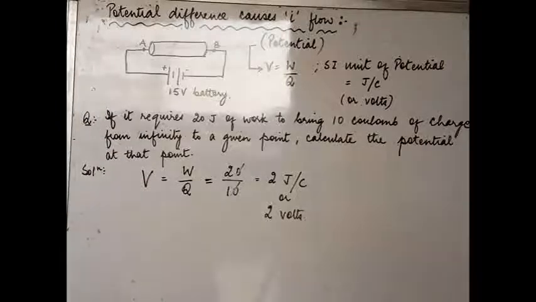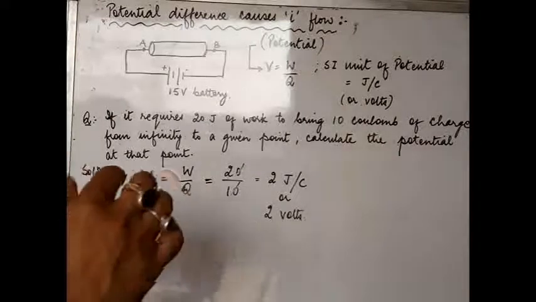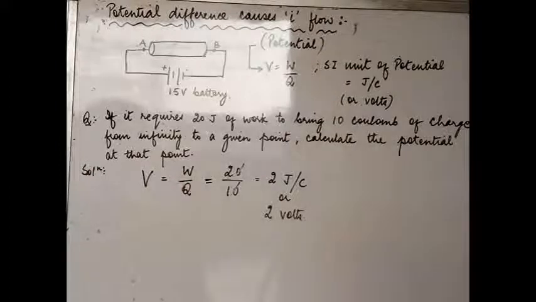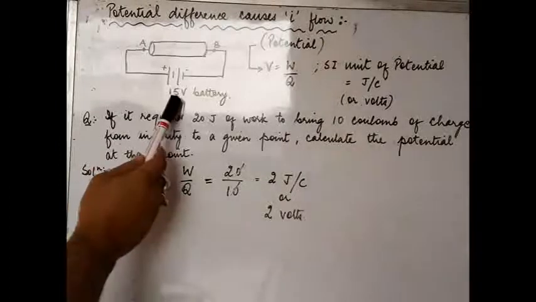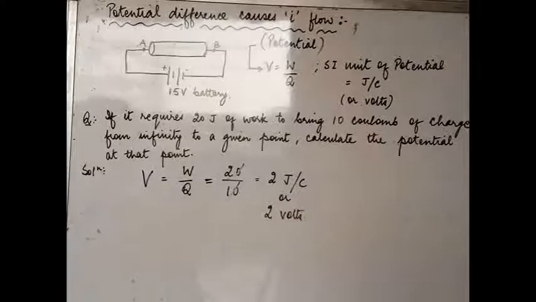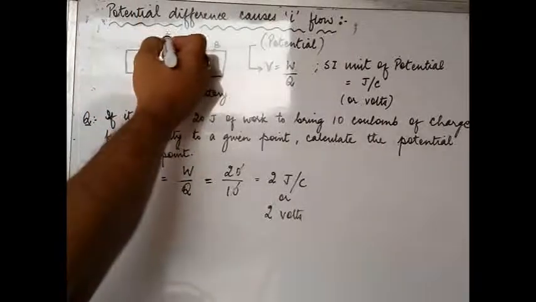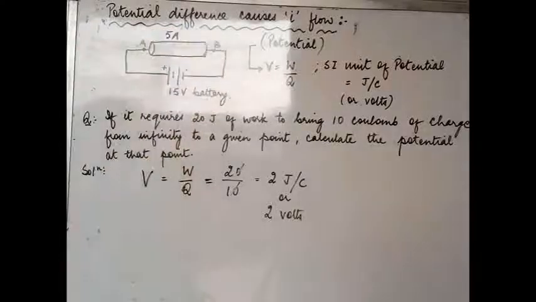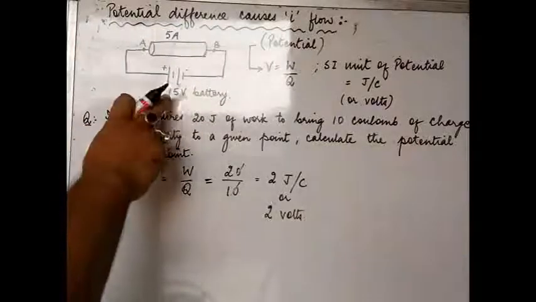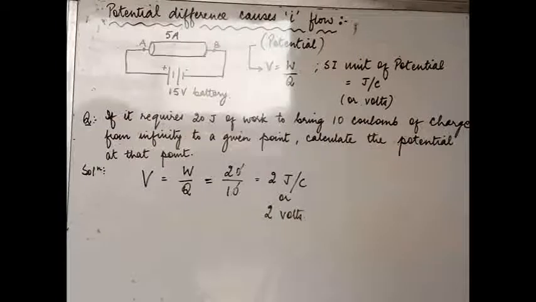Since we have reached this point, let me give you a further step to this logical explanation. I have right now inserted a battery of 15 volts. Suppose there is a current flow of, let's say, 5 amperes. What if I replace this battery with, let's say, a 20 volt battery or a 25 volt battery?